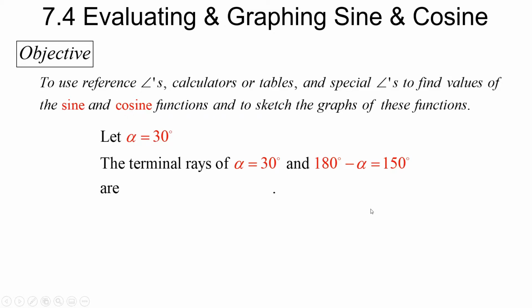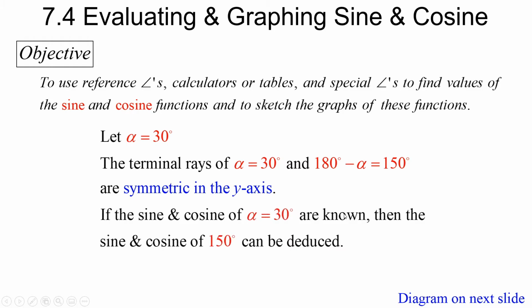One would be a quadrant 1 angle, 30 degrees, and one would be a quadrant 2 angle of 150 degrees. All right, and those two terminal rays would have symmetry in the y-axis. And again, I'm going to give you a diagram of that in just a moment, on the next slide. I didn't have room to put it on here.